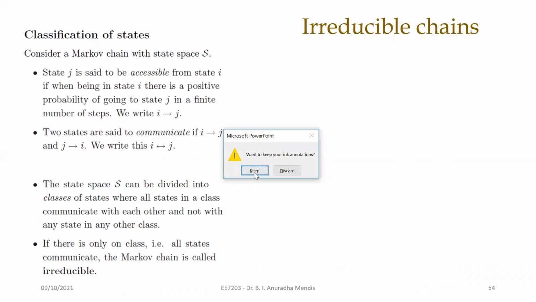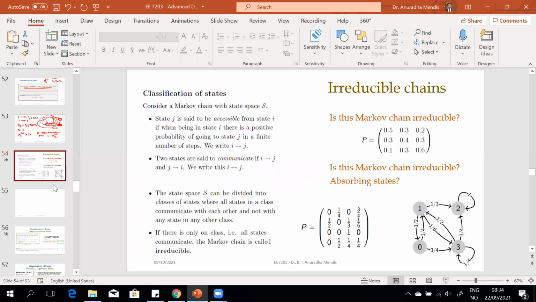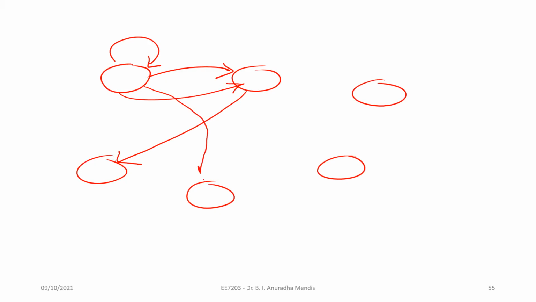So I give you one example here. Let's say in this Markov chain there is a self transition, and this goes to here, and this goes to here, and this can go here, and also this goes here.